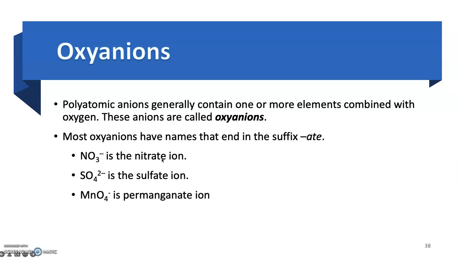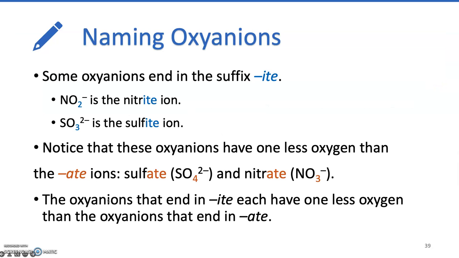For example, the nitrate ion, NO3 minus, the sulfate ion, SO4 2 minus, the permanganate ion, MnO4 minus.